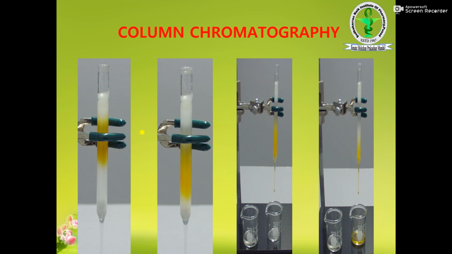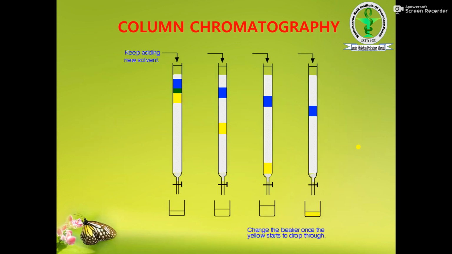If you are able to see in this diagram, there is an adsorbent over here, white in color, and then we added the sample. Then slowly a single sample runs over here, so there is a separation of the drug, removing the impurities. If we keep adding new solvent, you can see there is a blue and a yellow colored sample. Blue has more affinity, so it remains as it is.